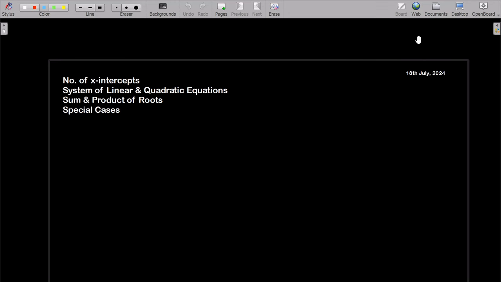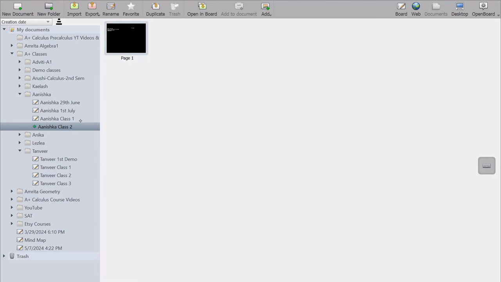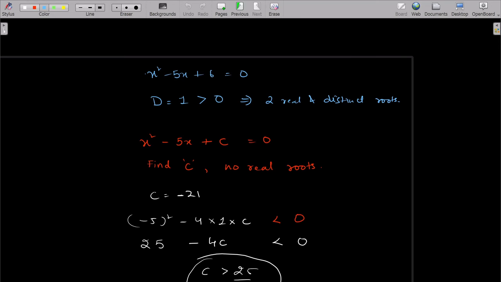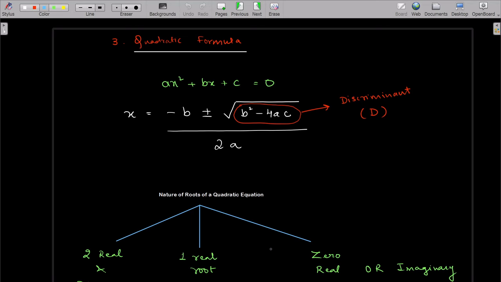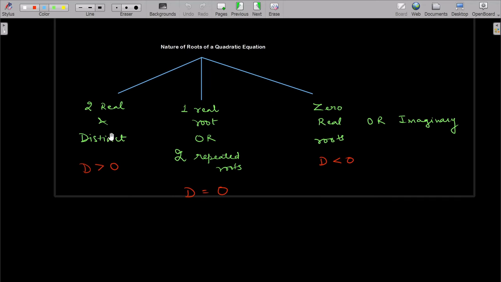This is related to the last topic that we did, nature of roots. Let me go back to the previous class. Yeah, we did these 3 cases, Anishka. When you have 2 real and distinct roots and 1 real root or 0 real roots.